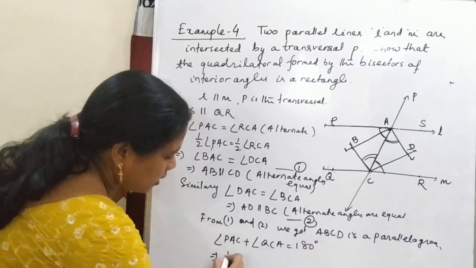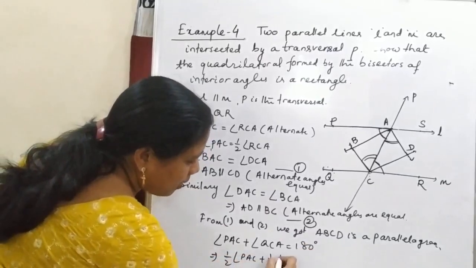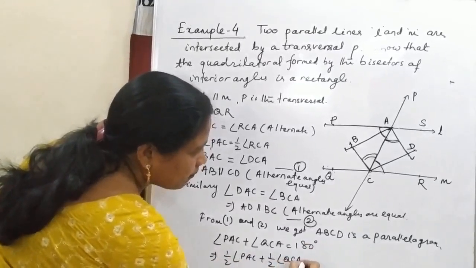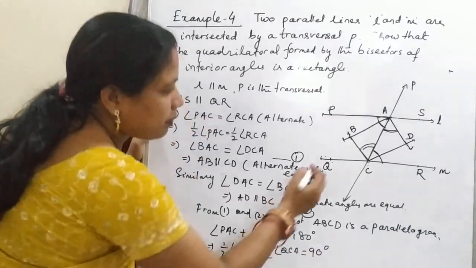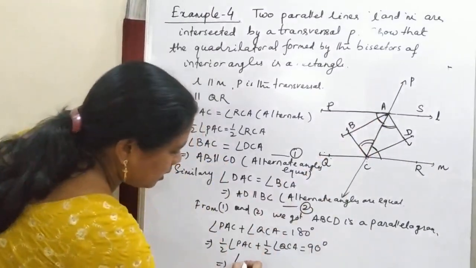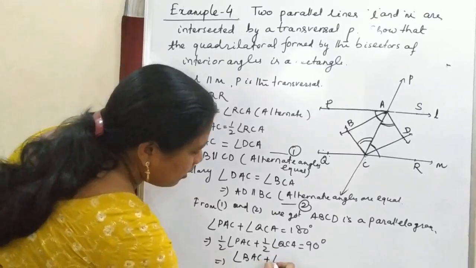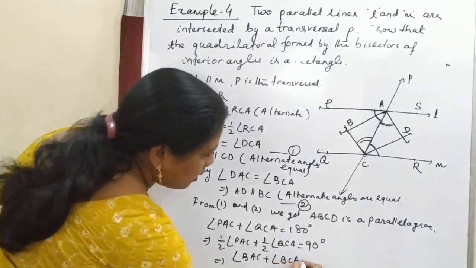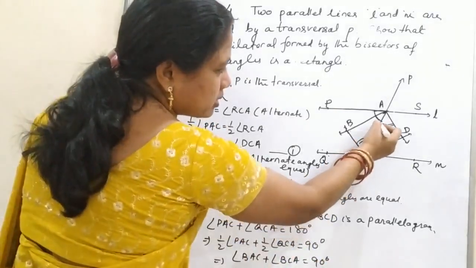This implies half of angle PAC plus half of angle QCA is equal to 90 degrees. So angle BAC plus angle BCA is equal to 90 degrees. The sum of these two angles is 90 degrees.